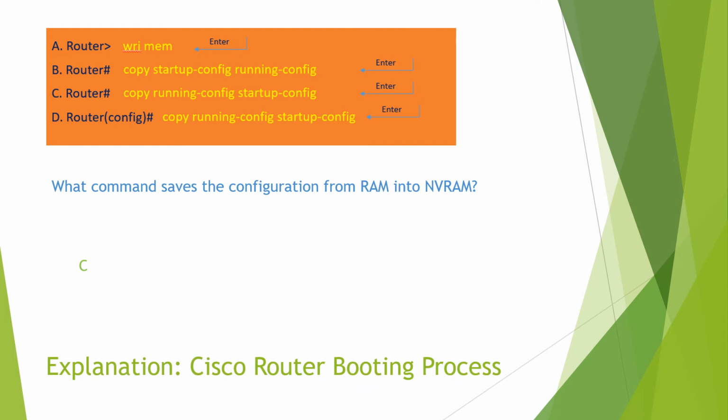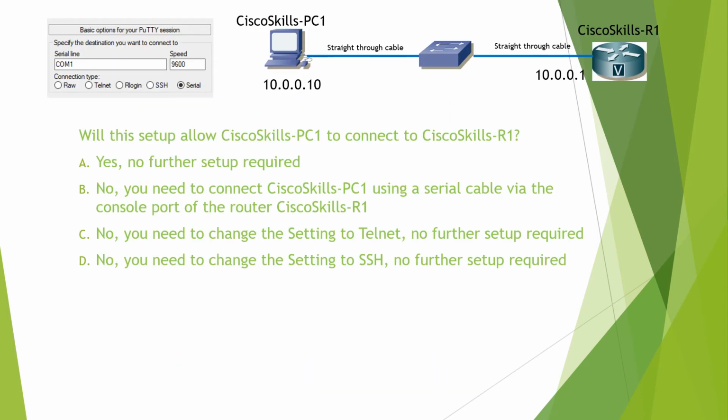Cisco Router booting process. The question reads, will this setup allow Cisco Skill PC1 to connect to Cisco Skill R1? And you can see this is the configuration for the PuTTY, and it is to use the console cable. However, in the diagram it shows it is using the straight through cable.